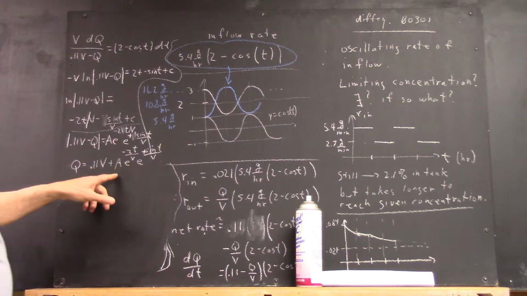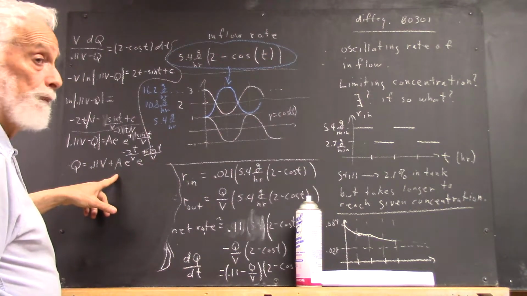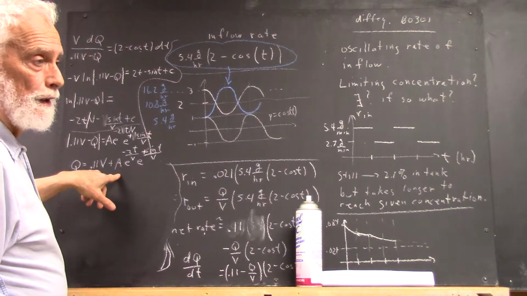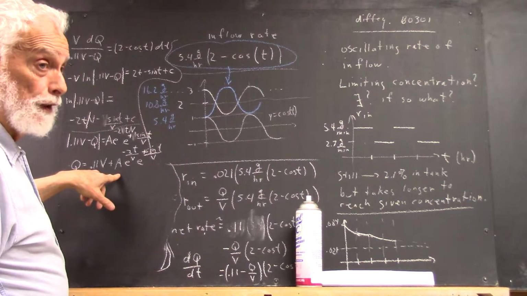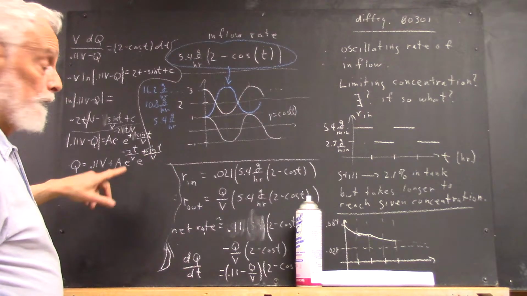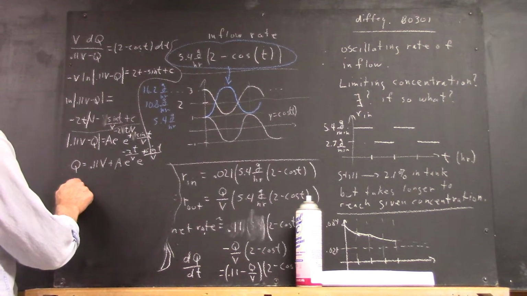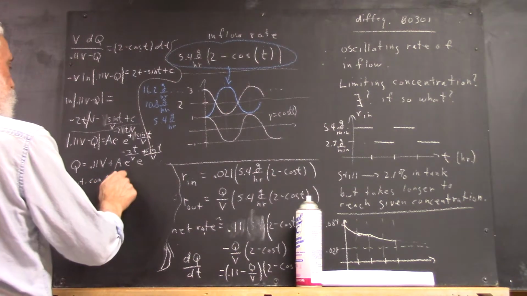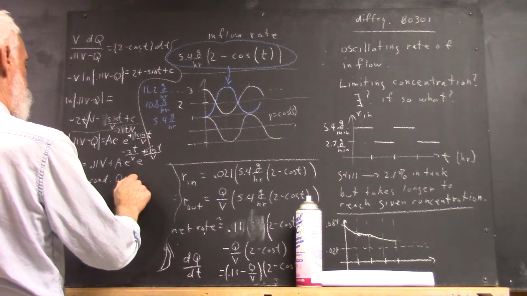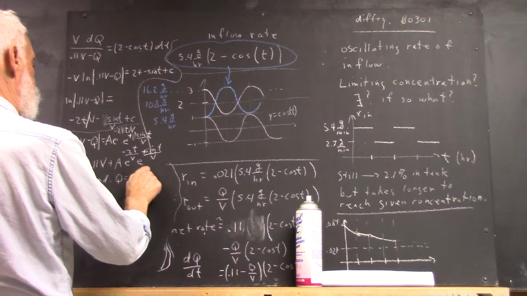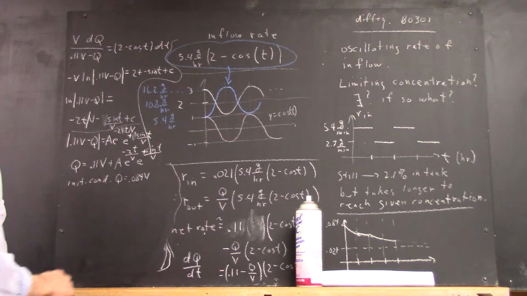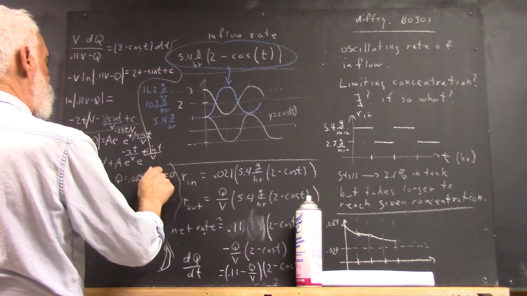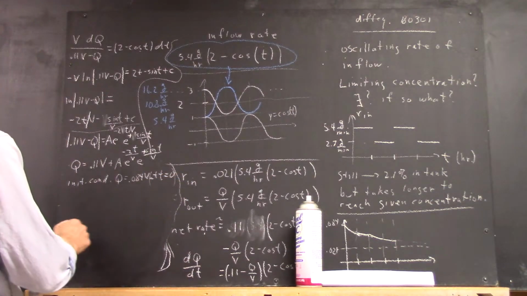Then A has to be a number that makes the concentration 0.084 at t equals 0, right? Your initial condition, Q is 0.084 V at t equals 0.